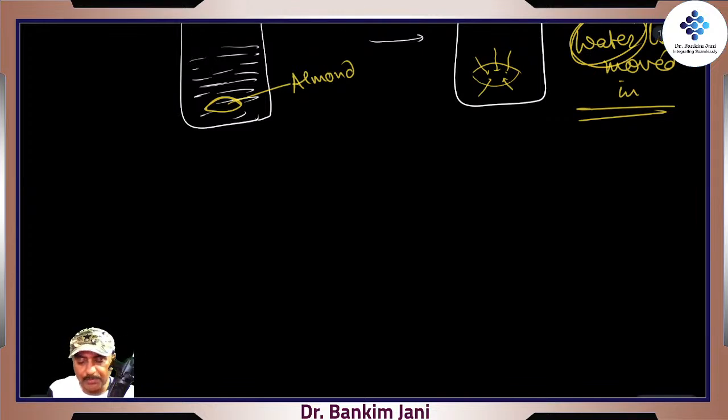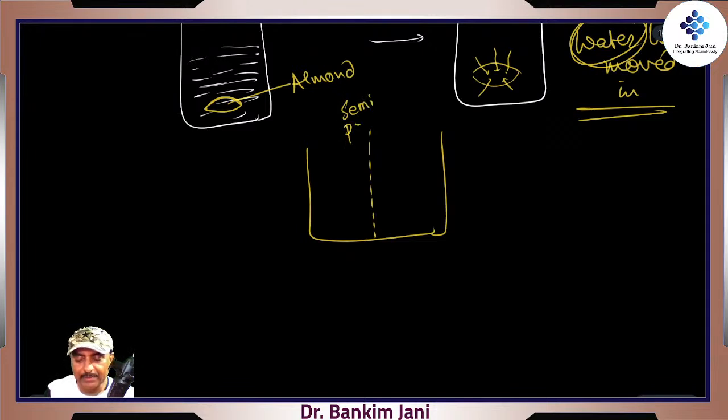Technically speaking, how does it happen? If I make it slightly like this, there is a semi-permeable membrane. We try to be very scientific. There is one scientific method and one very desi method to remember this.